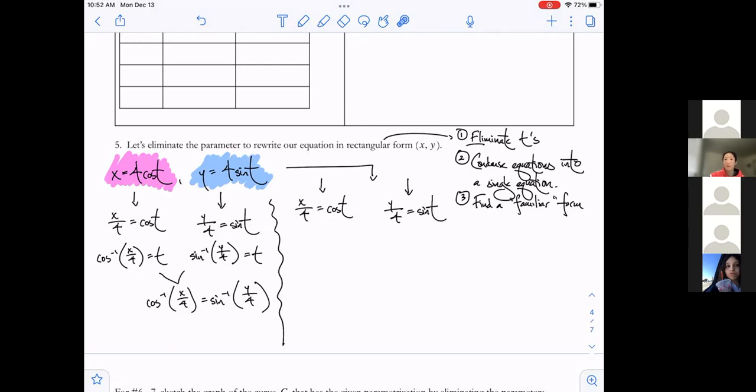All right, what else? There was one that we used a lot when we were proving or verifying identities.